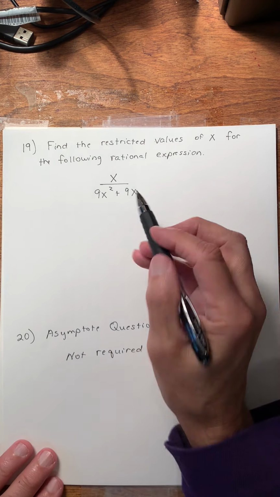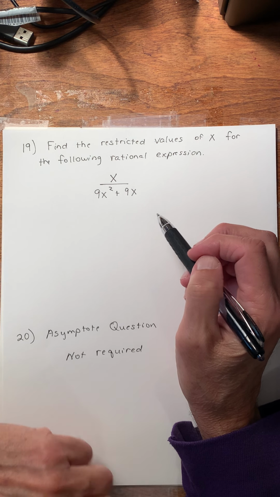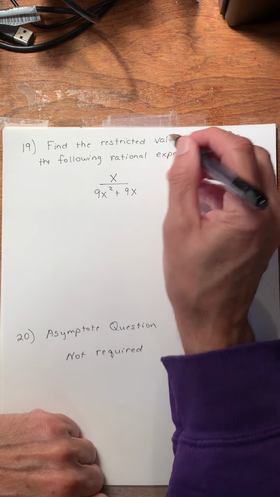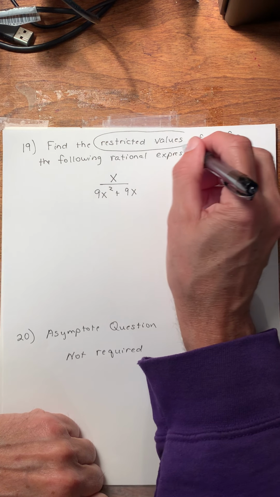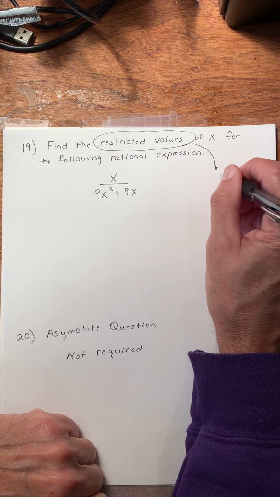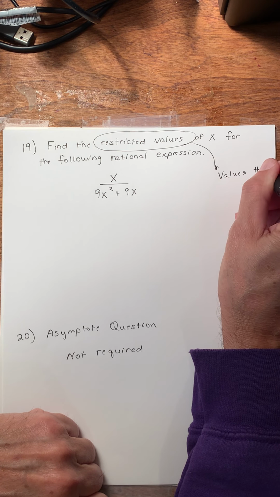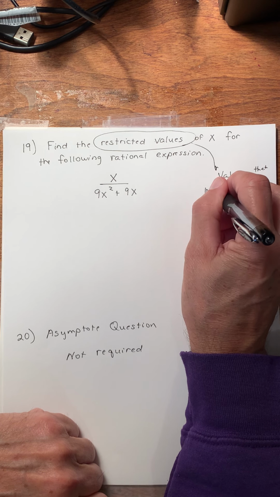Number 19. Find the restricted values of x for the following rational expression. And we're talking about restricted values. You're talking about values that make the denominator 0.